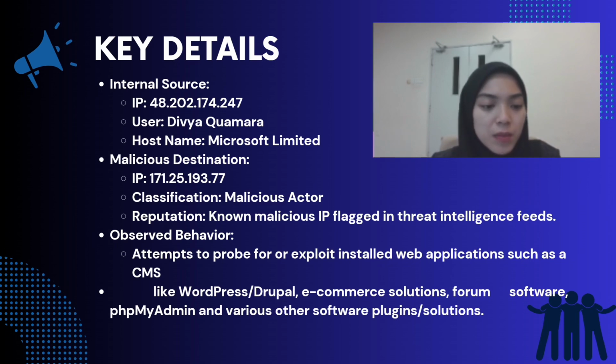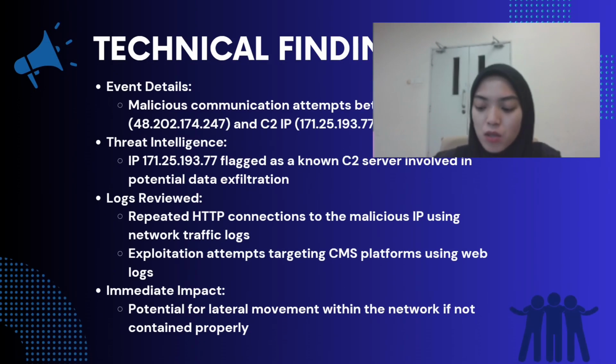The incident exhibited concerning behavior: attempts to probe for or exploit installed web applications such as a content management system like WordPress or Drupal, e-commerce solutions, forum software, phpMyAdmin, and various other software plugins or solutions.